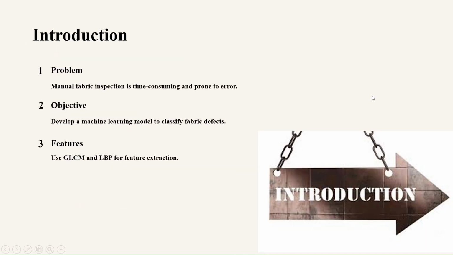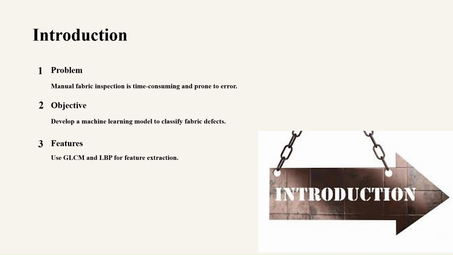So now, what is the problem? The main problem is that manual inspection of any fabric is quite time consuming. So what we are going to do is develop a machine learning model which is going to use GLCM and LBP for feature extraction.